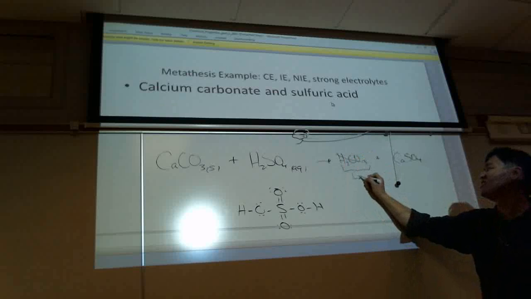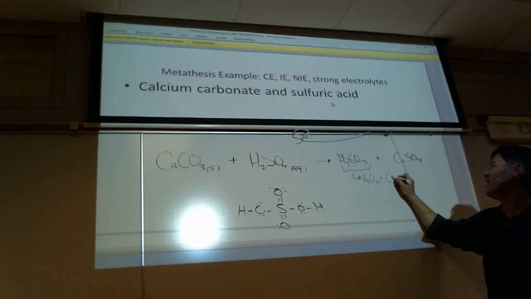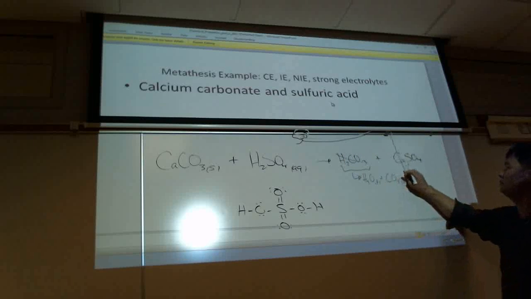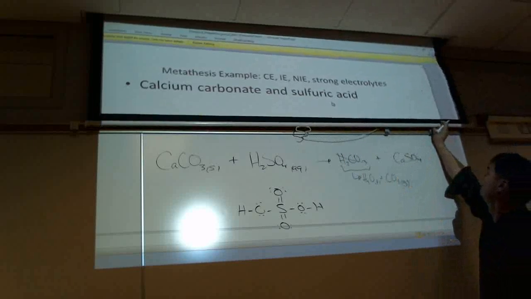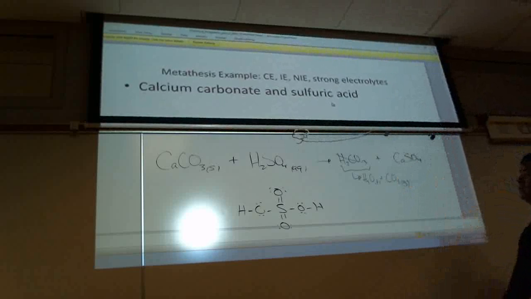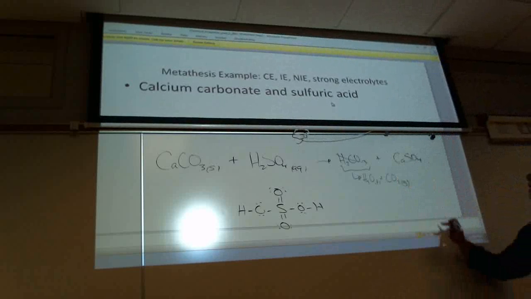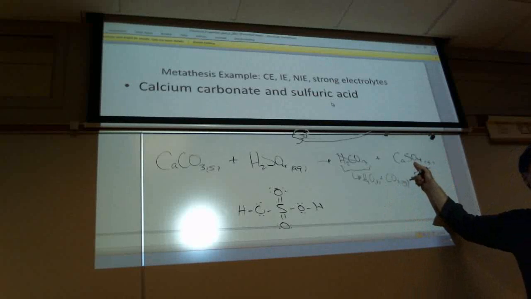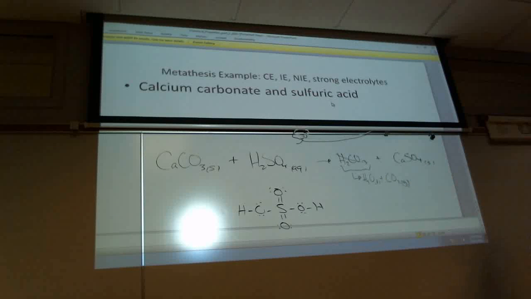It's going to decompose into water and carbon dioxide. This is a gas. And calcium sulfate is a solid. Sulfate, like carbonate, is -2. -2 is probably a strong ionic bond.